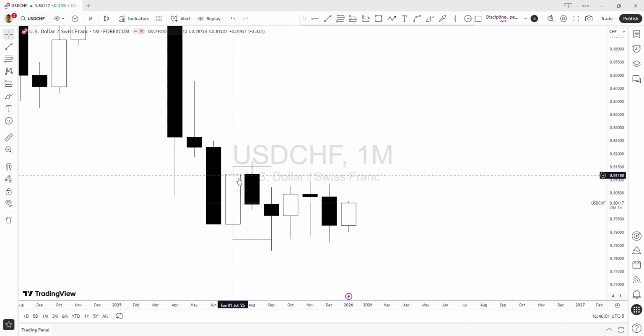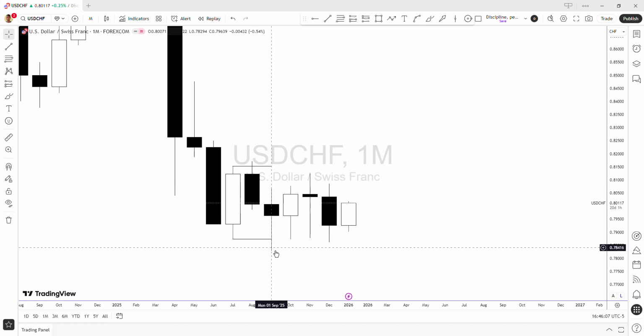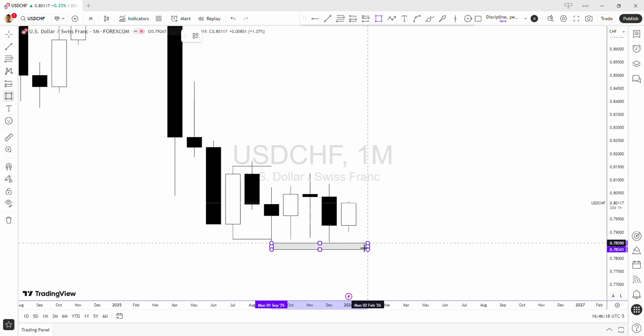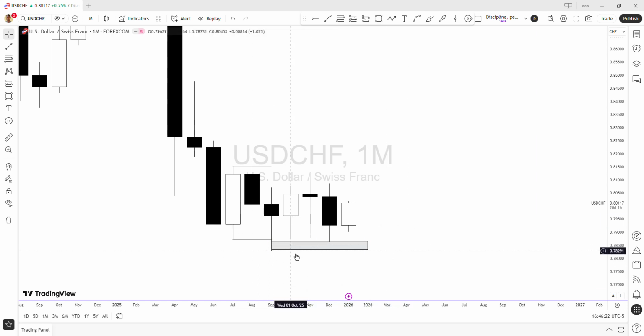Just as you see, the market took the high out and then came down and took this low, and ever since this low has been protected. No candle came and took it. No candle came and sat below the candle. So this low is still protected.